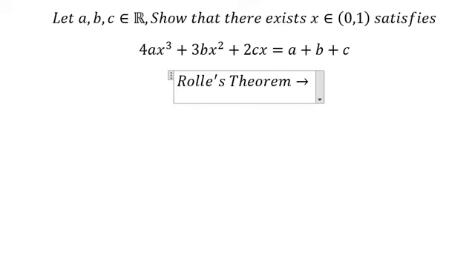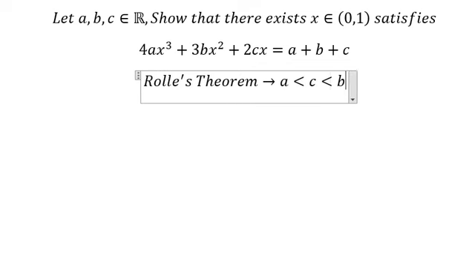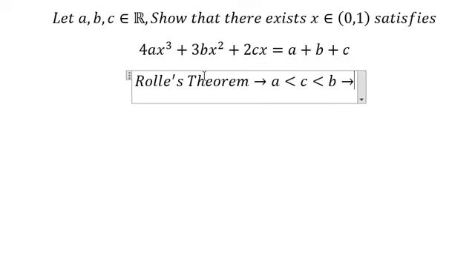Let's say I will have c between a and b. If we apply Rolle's theorem, they should be continuous. So they should be like this.